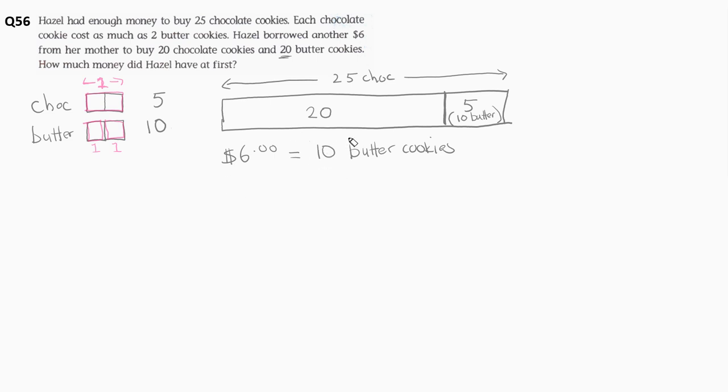So we have now got enough information. We've got a money amount and a cookie amount, and we know how butter cookies relate to chocolate cookies. I think we're going to be able to work everything out now. Now we'll ask, how much money did Hazel have at first? We can work out the cost of butter cookies because 10 butter cookies is $6. If $6 is divided by 10, now remember dollars work like pounds.